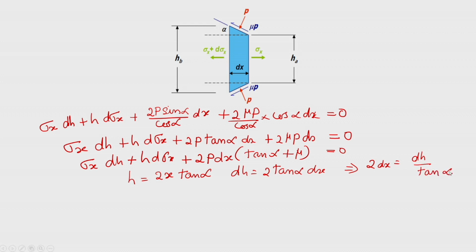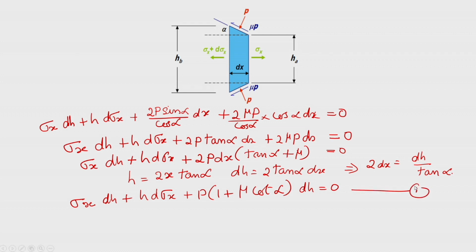If you substitute into this, you will find that the equation comes as sigma x dh plus h d sigma x plus p into (1 plus mu cot alpha) into dh is equal to 0. This is your equation number 1.